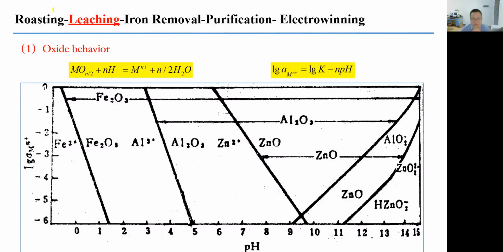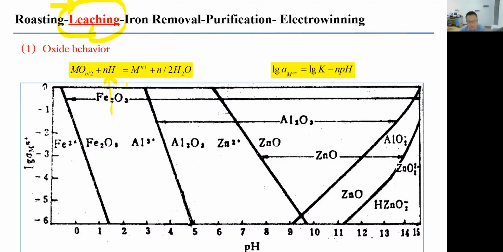Those components will be subjected to the leaching process. As I have mentioned, sulfuric acid is used, and those oxides can be easily leached. Zinc, copper, and some other cations have large solubility in aqueous solution. So after the leaching process, those precious metals are moved into the aqueous solution phase.